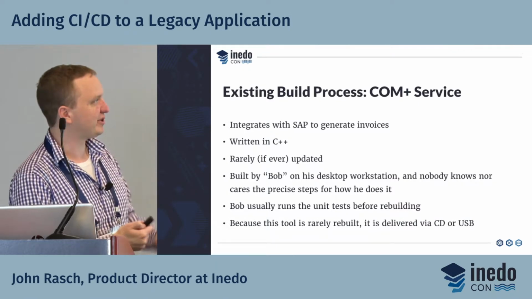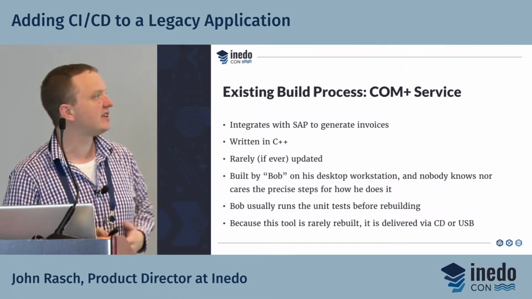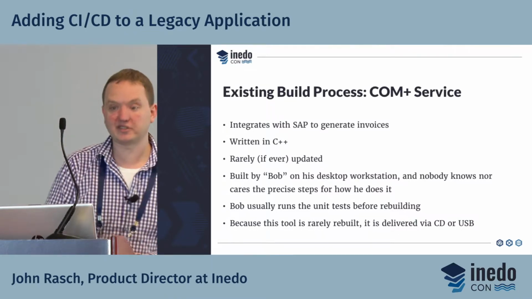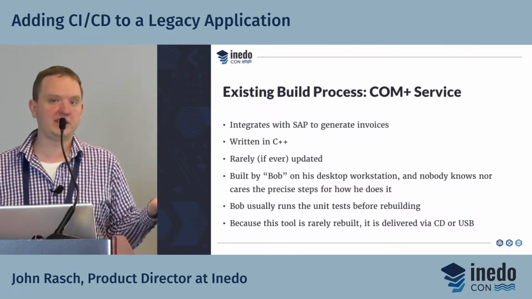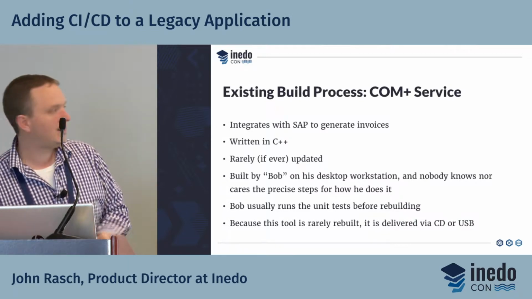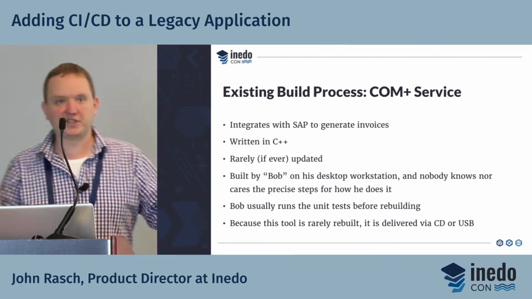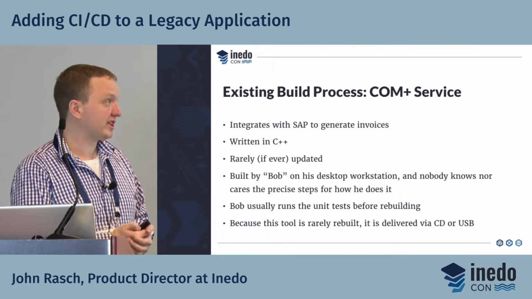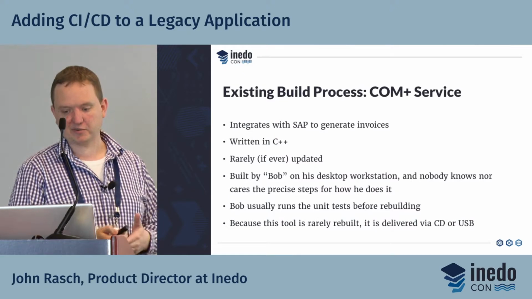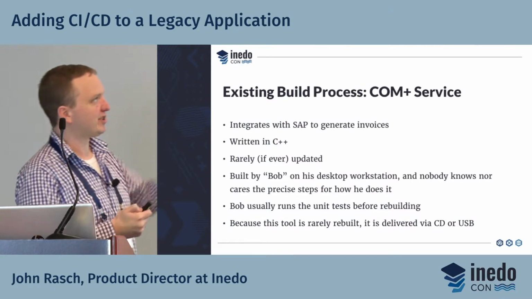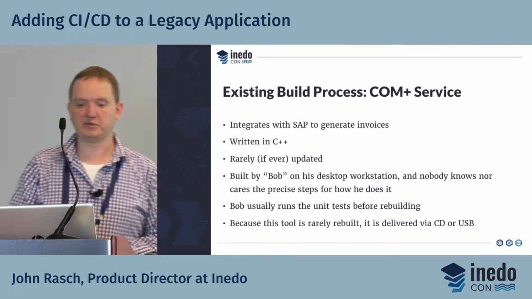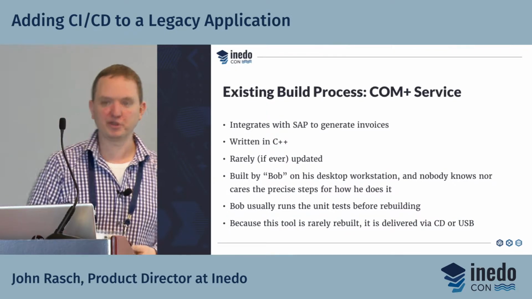Built by, we'll refer to him as Bob, on his desktop workstation, and nobody knows nor cares the precise steps for how he does it. Maybe he uses Visual Studio, maybe he uses FinalBuilder, doesn't matter. Bob usually runs the unit tests before rebuilding, but not always. It's not really a requirement, because again, the people that receive this built service don't care. And because this tool is rarely rebuilt, it is delivered via CD or USB.